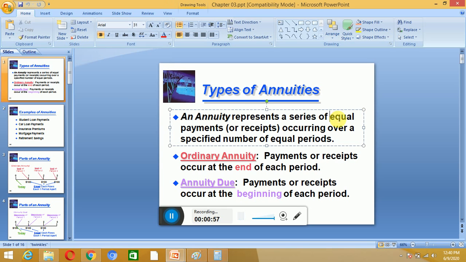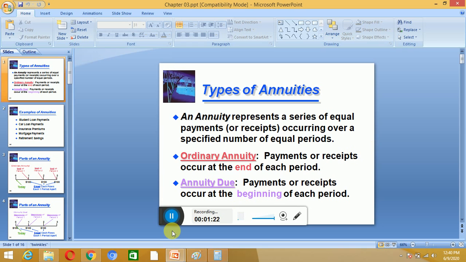One thing is that it is equal payments, and the second thing is that it will be paid or received after equal time periods. Meaning the time period will be the same and the payments will be the same.